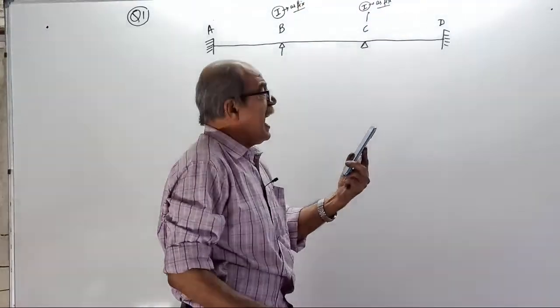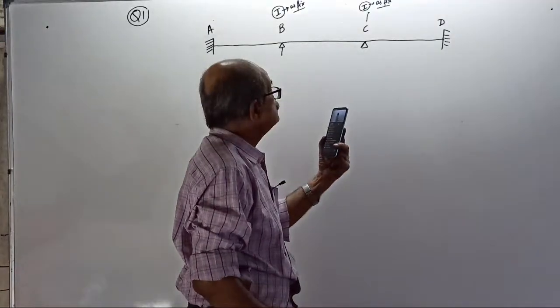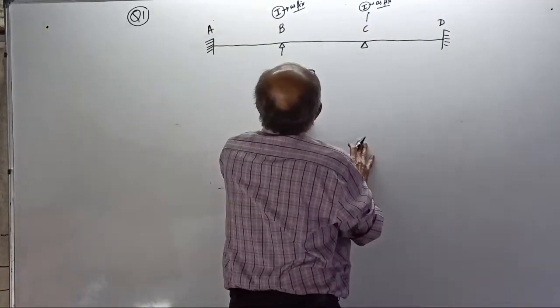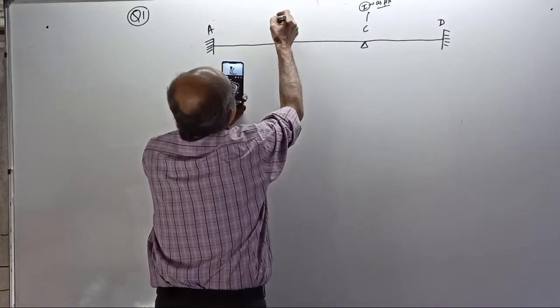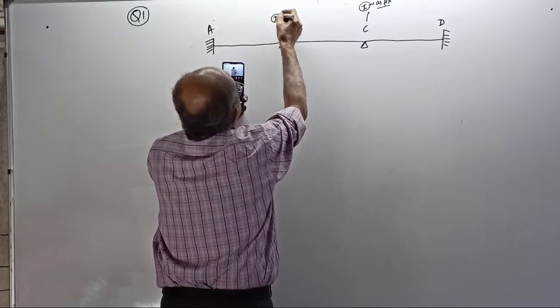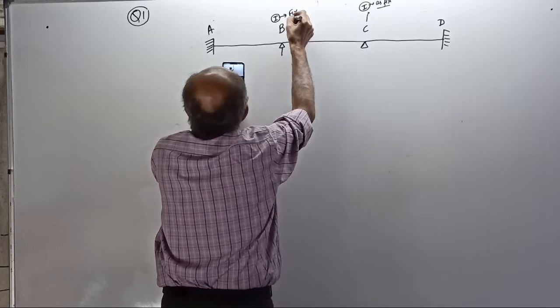It is not absolutely fixed. Fully visible, or shall I come down? B is an intermediate support considered as fixed for stiffness and carryover.